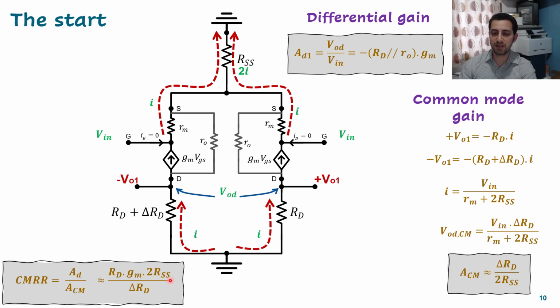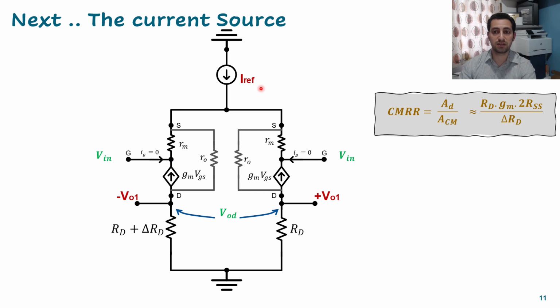So how do we increase the RSS here? Increasing the RSS might deteriorate the biasing here for transistor 1 and transistor 2. So what is the component that has very high impedance and at the same time can maintain a constant current to be biasing the two transistors? And I think you will agree with me, it's the current source, okay?